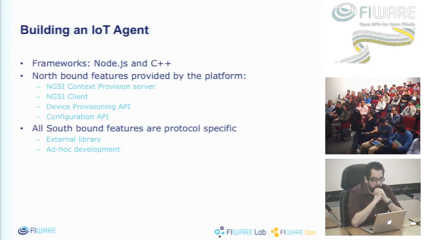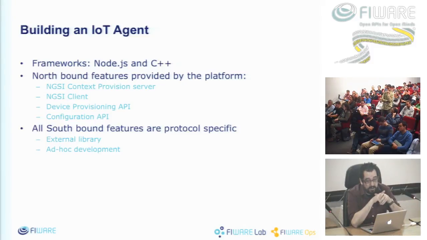I think some of us need to work with different languages, and we need to develop our own agents. Is there any support from the FIWARE community that helps us to work together? We can give you support concerning the details of the IoT agent protocols.